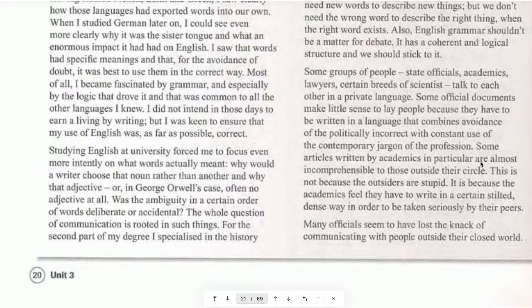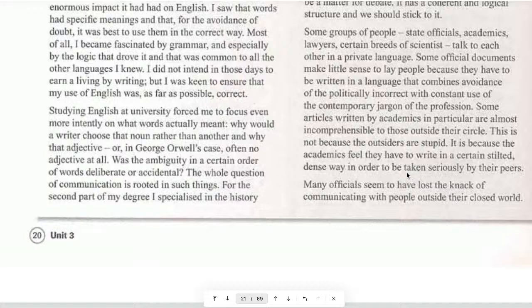Just read a few more sentences and you will see that. Here, it is because the academics feel they have to write in a certain stuffy, dense way. For what? In order to be taken seriously by their peers. See that? In order to be taken seriously by their peers. That means that you impress other members in the group.